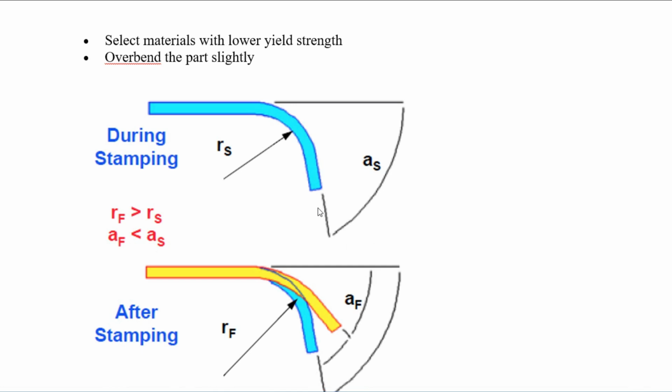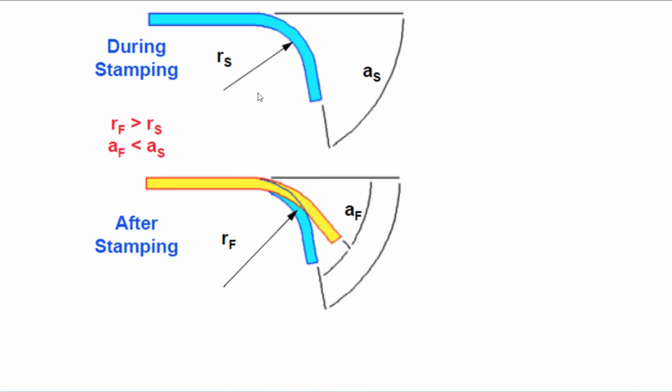If you see here, I have bent this sheet, but after releasing the punch, this flange tries to recover to its original position and stops at this point. So this angle is increased, but this is my requirement, so it is shifted. This is the springback.